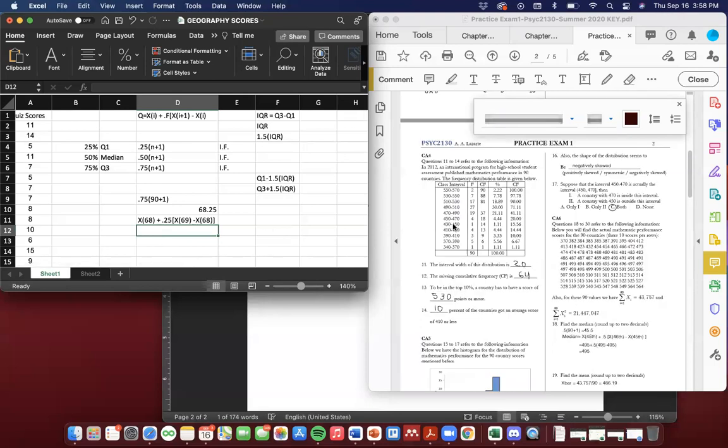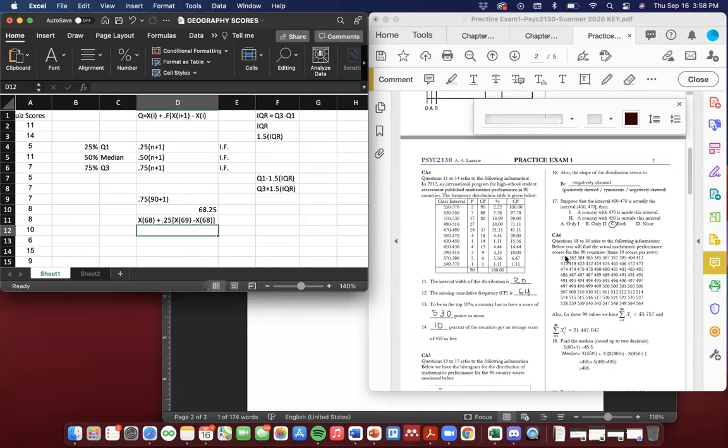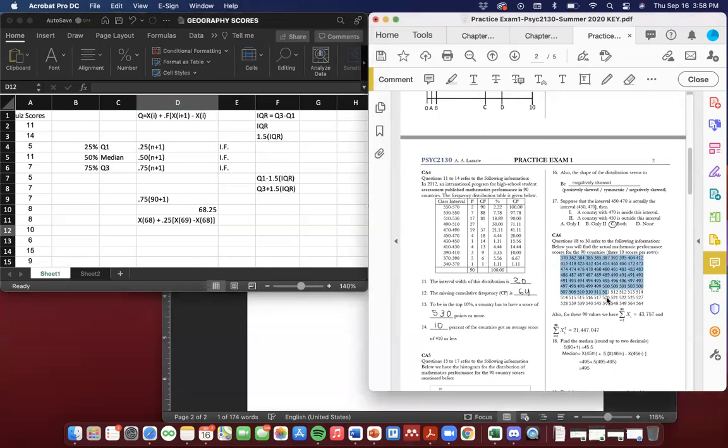So if we go back up here and find the 68th number, the good thing about this is that it's structured in a way where you can easily find it. Top row is 10, right? So 20, 30, 40, 50, 60. So at this point, this number is the 60th value right here, 506, 60th value.